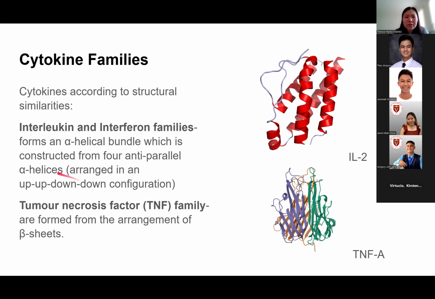So the orientation is this one: up, up, down, down. Somehow, this is common among the interleukin family as well as the interferon family. So they are the main group of alpha helical cytokines.